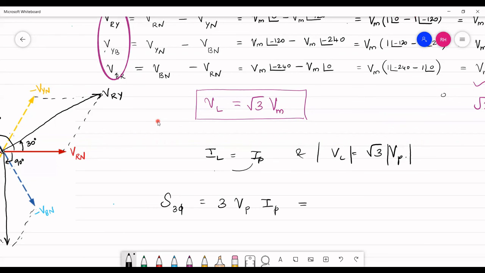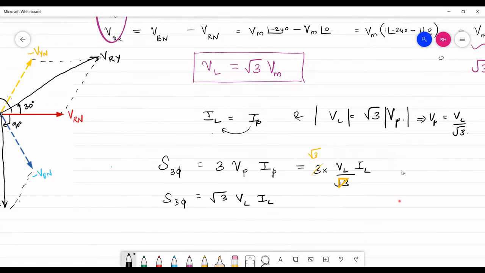So in place of IP, substitute IL, and in place of VP, we substitute VL divided by root 3. On substitution, we have 3 and in the denominator root 3, so we could cancel them, and hence the three-phase power is equal to root 3 VL IL.